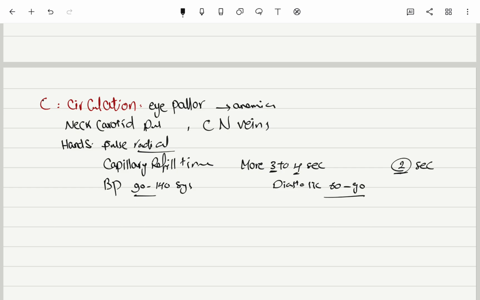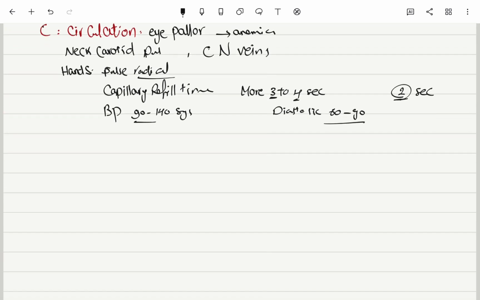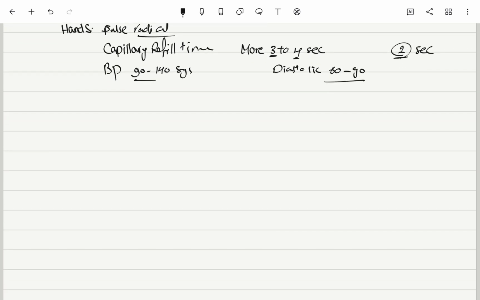So if it is more than that, it is hypertension, and if it is less than that, it's hypotension, and if it is hypotensive, it is less perfused, and it may indicate some signs of affection of circulation. Okay, I will also auscultate the heart, synchronizing that I will feel the carotid pulse.